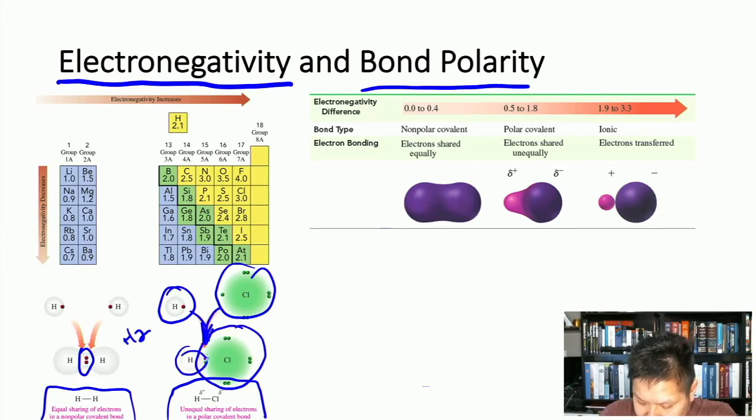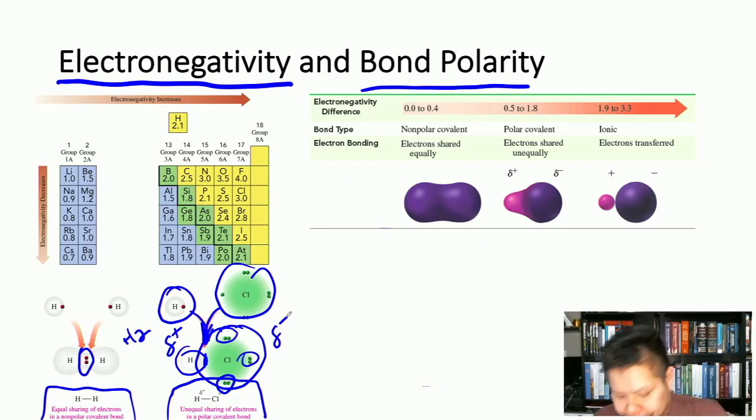The only electrons it really has are the ones it's sharing right there with chlorine in the middle. But chlorine has all these other electrons that are lone pairs out here, right? So what that means then is that on the hydrogen side, it's partially positive. But on the chlorine side, it's partially negative, right? And so that's what we mean by bond polarity. There's poles, right? There's bond polarity.